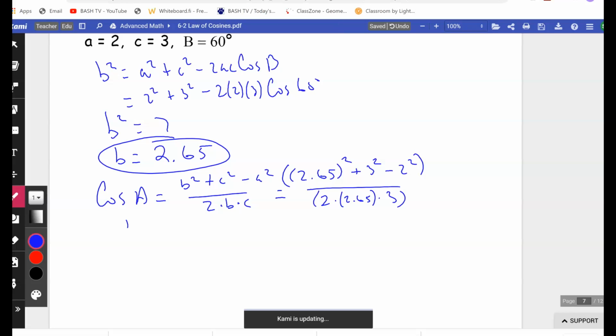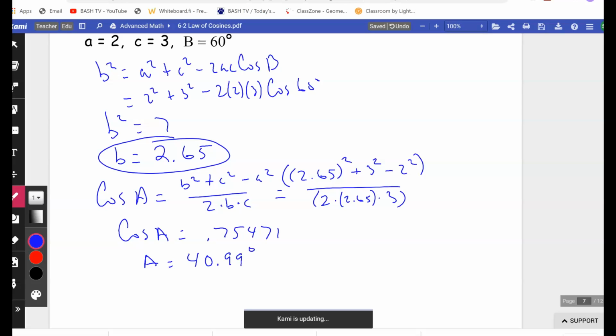When I did, I got cosine A is 0.75471. Okay? And then if I do inverse cosine of that, I get angle A is around 40.99 degrees.